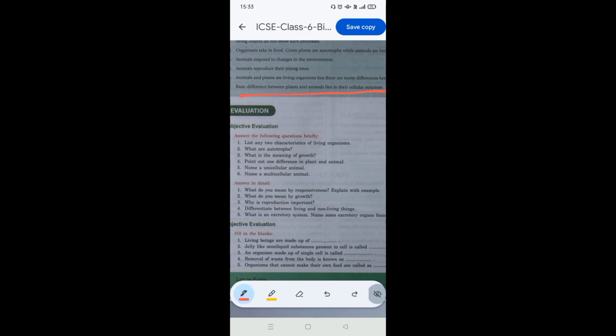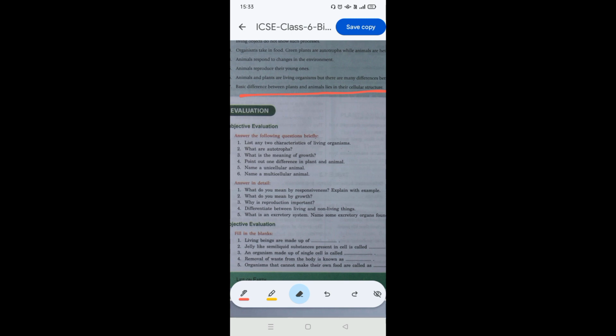In case of unicellular animal, amoeba is the answer. Name a multicellular animal. Fishes. Fish is an example, right? In case of unicellular animal, we can also write paramecium.